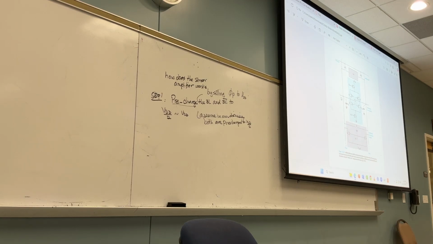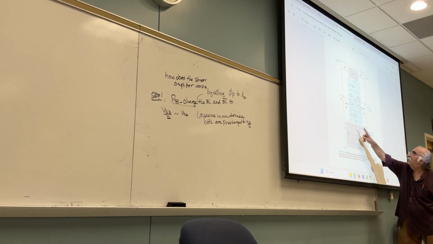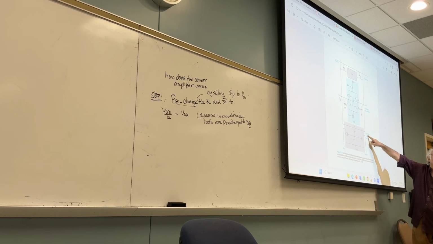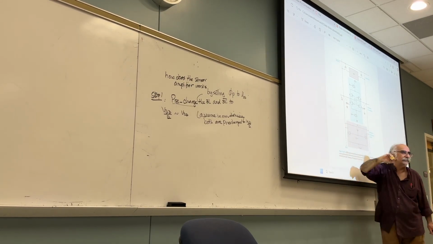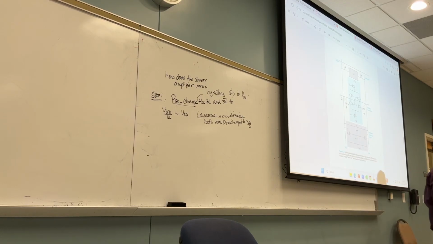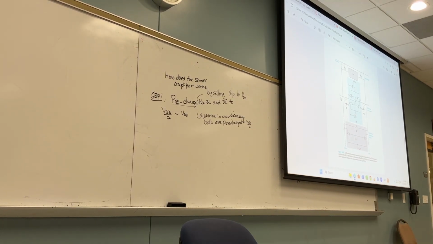I need to make sure that they are starting at the same level. So one of them goes up, the other one goes down. But if they are not starting at the same level, I don't know which is which. Did you get it or not? So this transistor, they call it equalization. Equalization means making sure that this one and this one are at the same voltage.